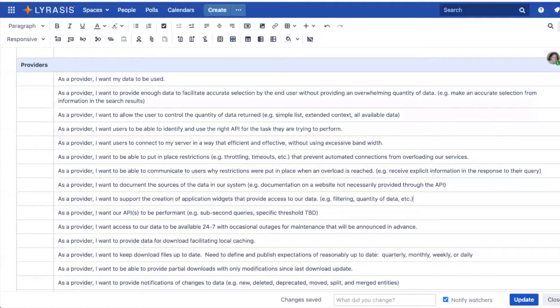Okay. I'm wondering if the disconnect here is that it says application widgets, and so it wouldn't be application widgets created at the provider level. It would be providing enough data for the application to be able to create application widgets.